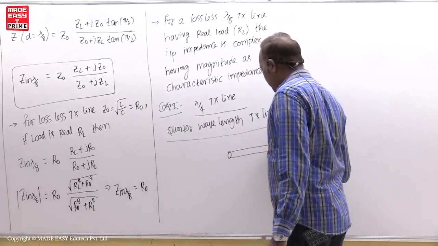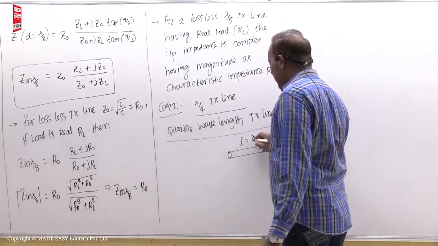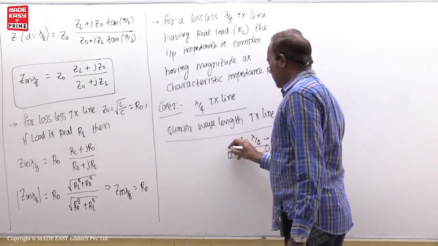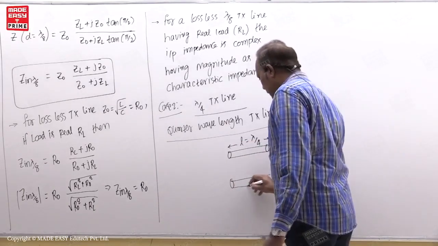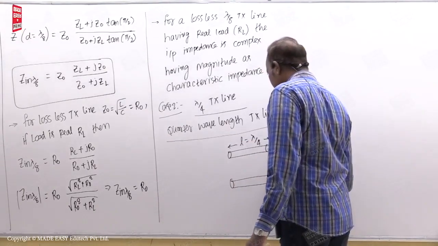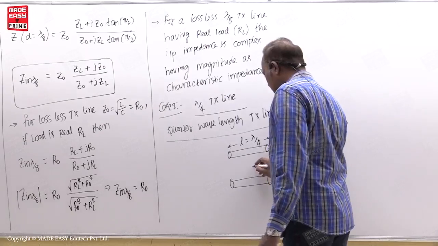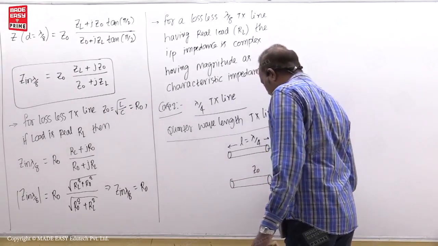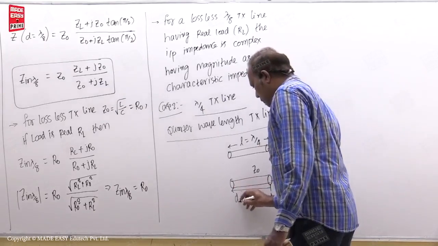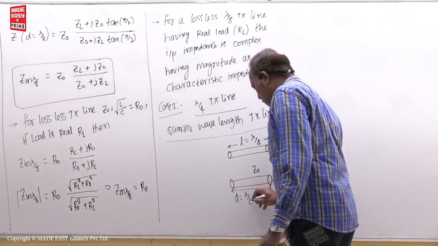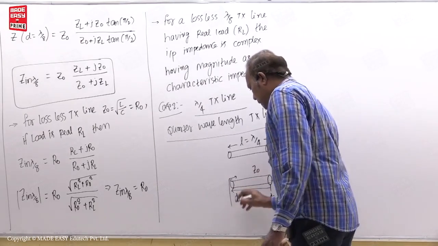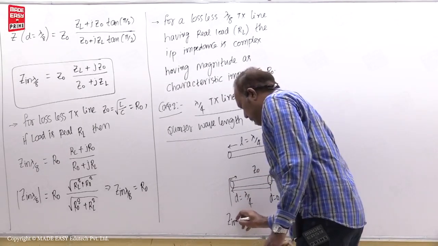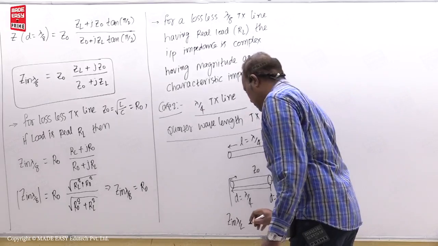Now the total length is given as lambda by 4. This is the load, this is the characteristic impedance, and d is equal to 0 at the load. Now d is equal to lambda by 4, and ultimately here Zin of lambda by 4.